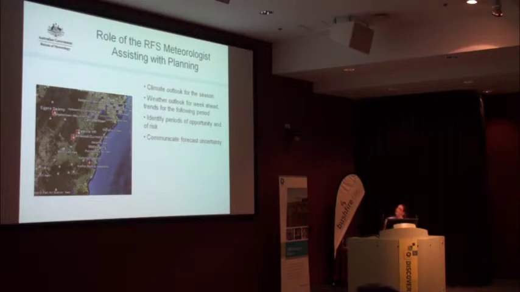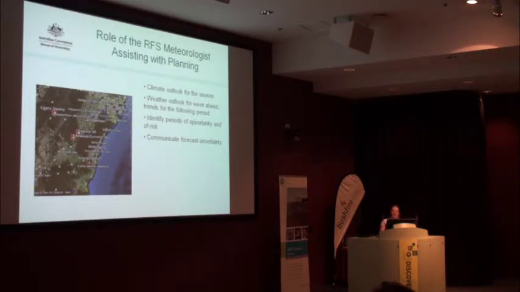Assisting with planning for prescribed burns, the meteorologist will work closely with the planners, and they will cover the outlook for the season, but also more specifically the week ahead and the trends for the following period.